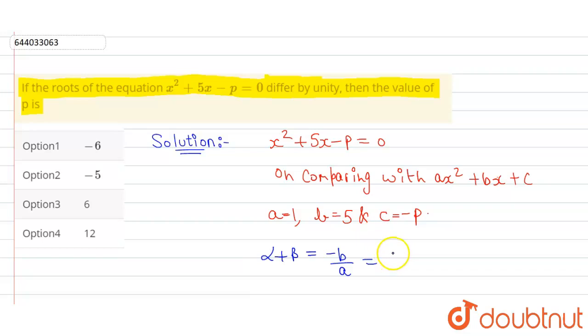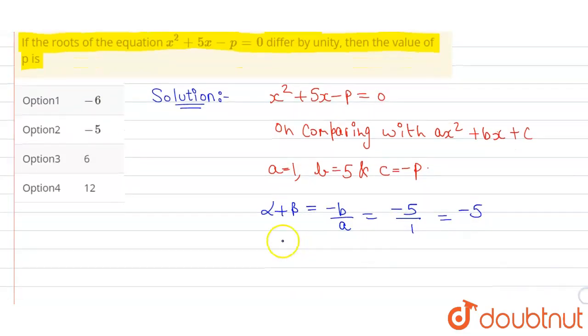Here b is 5, so minus 5 upon a is 1. So value of alpha plus beta is minus 5, and alpha into beta is c by a. C is minus p and a is 1. So value of alpha into beta is minus p.